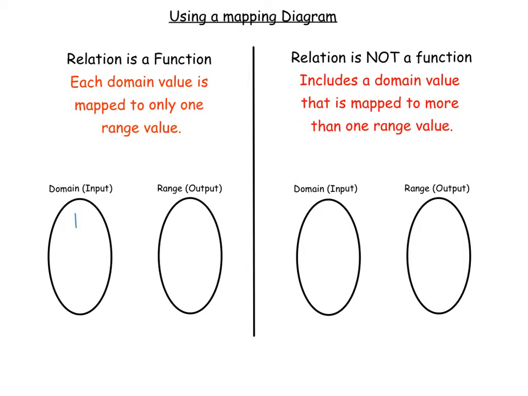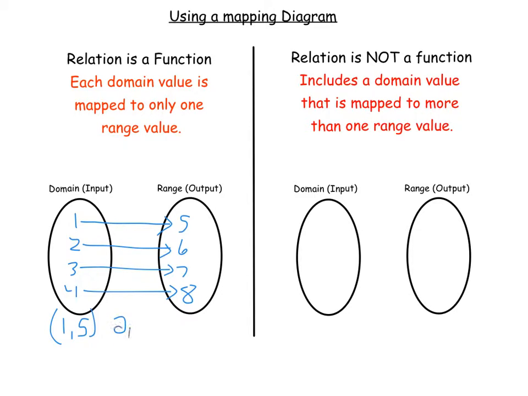So let's, because I'm so creative, 1, 2, 3, 4, 5, 6, 7, 8. So let's say the 1 is mapped to the 5, the 2 is mapped to the 6, the 3 is mapped to the 7, and the 4 is mapped to the 8. What this is showing us is ordered pairs. My input of 1 has the output of 5 every time.